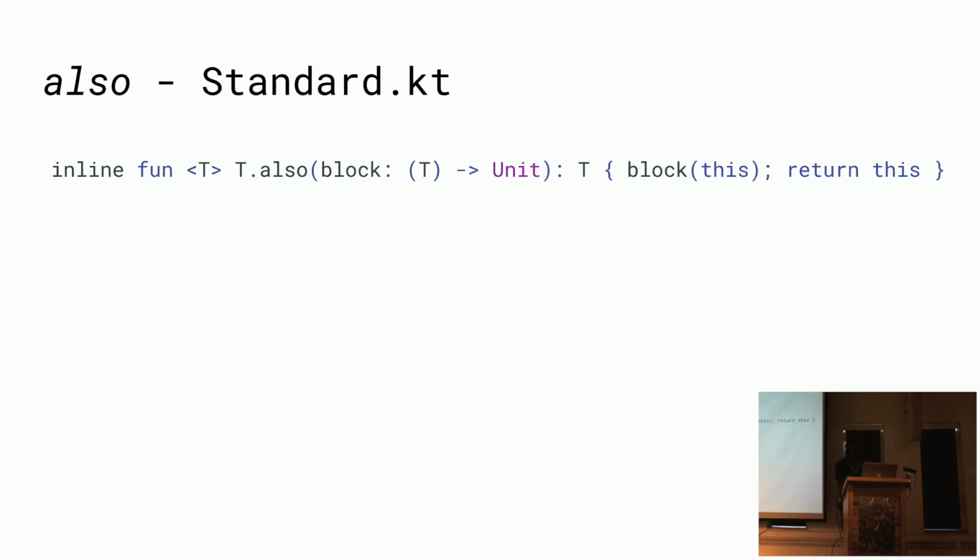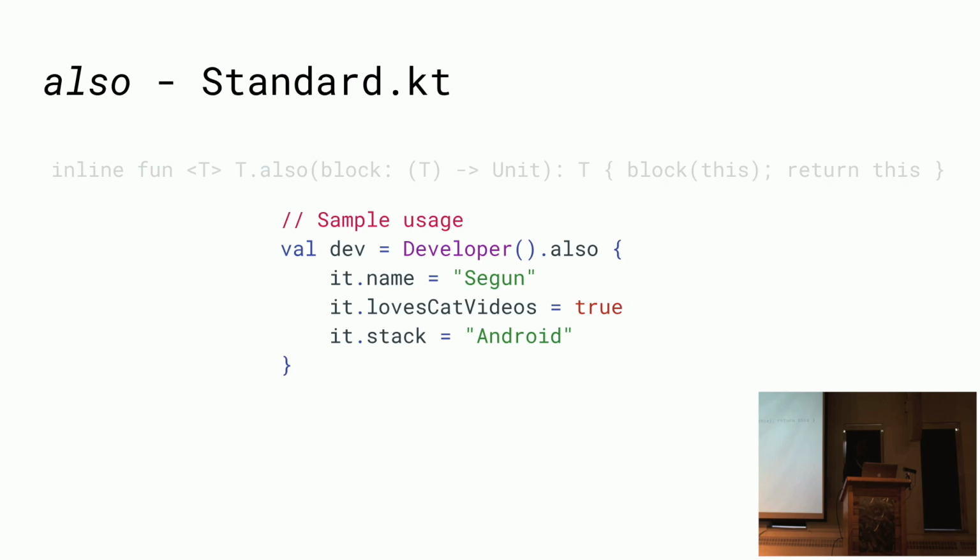The next interesting function I'd like to talk about is also. The also is really nice because it kind of encourages the builder pattern in Kotlin. So normally in Java, if we wanted to make this developer class builder pattern, we would have to have a builder class, and then we do developer.builder.setName and then .build, you know.